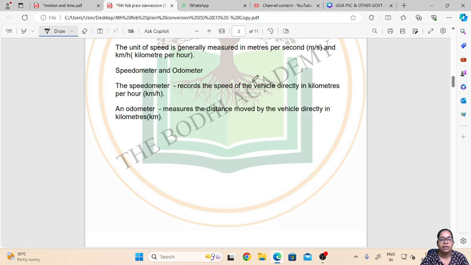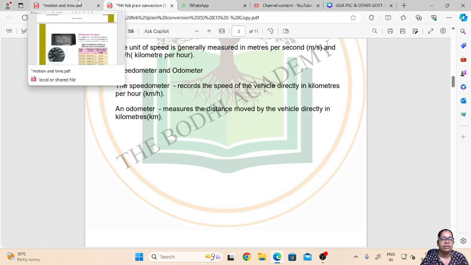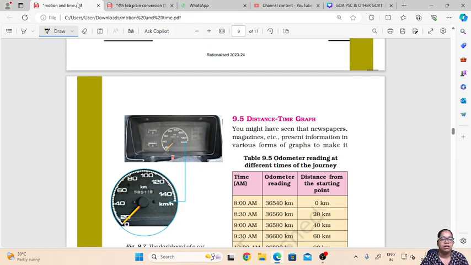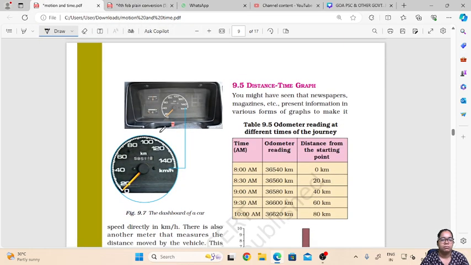The speedometer records the speed of the vehicle directly in kilometers per hour, and an odometer will measure the distance moved by the vehicle directly in kilometers, like we can see over here. So this will measure directly in kilometers. So this is the odometer, and speed here in kilometers per hour.